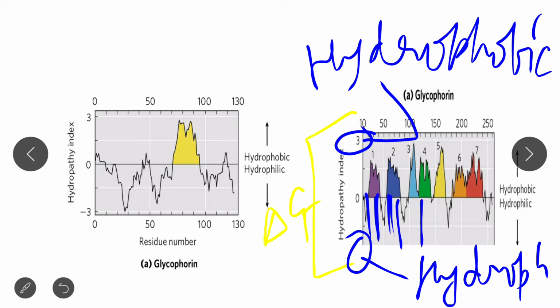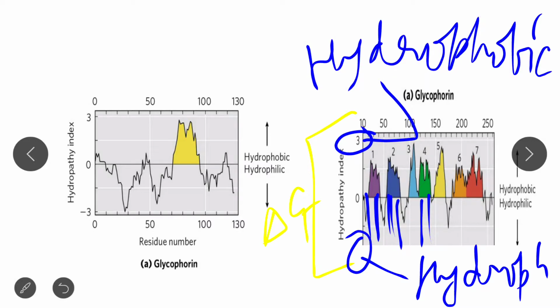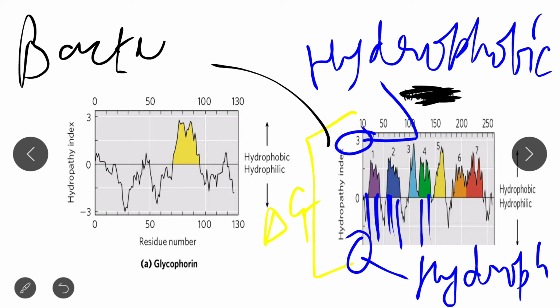So how many hydrophobic segments are present in bacteriorhodopsin? There are 7 fragments: 1, 2, 3, 4, 5, 6, 7. So there are 7 fragments present in the case of bacteriorhodopsin. This is the bacteriorhodopsin figure.